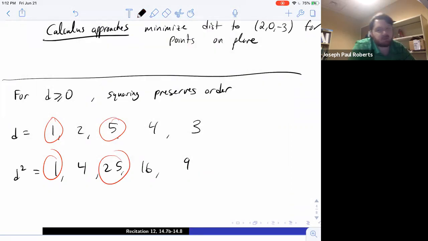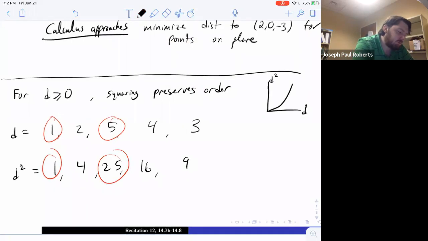Essentially squaring is a monotone function when you are doing it to non-negative values. So it preserves this optimization. The way we could write that is that the minimum value of D squared is the minimum of D then squared. If D were negative, it could screw this up. But since distance, or D, whatever we're thinking of, is a non-negative quantity, the optimization and the squaring can be performed in either order.